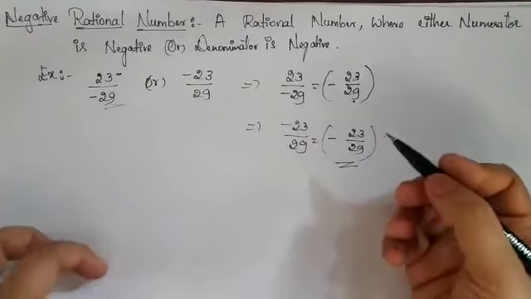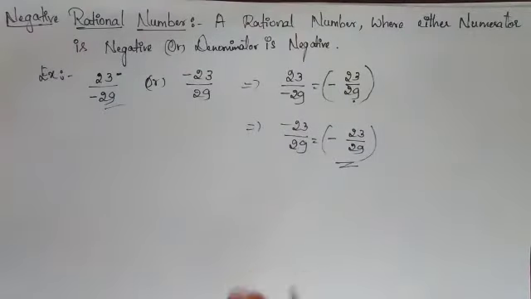That is why it is called a negative rational number. So now we know what a rational number is exactly, and I can conclude that all natural numbers, whole numbers and integers are rational numbers.